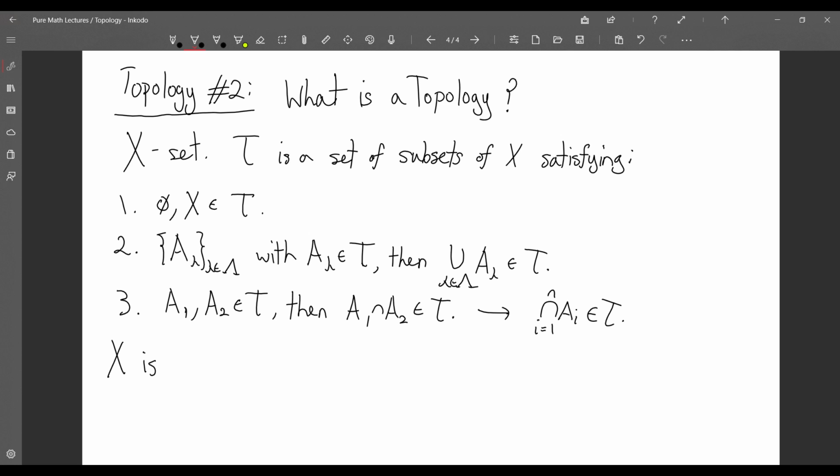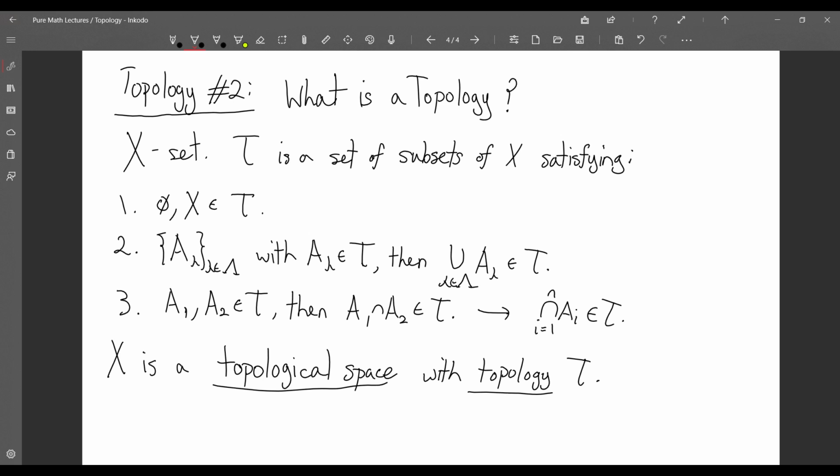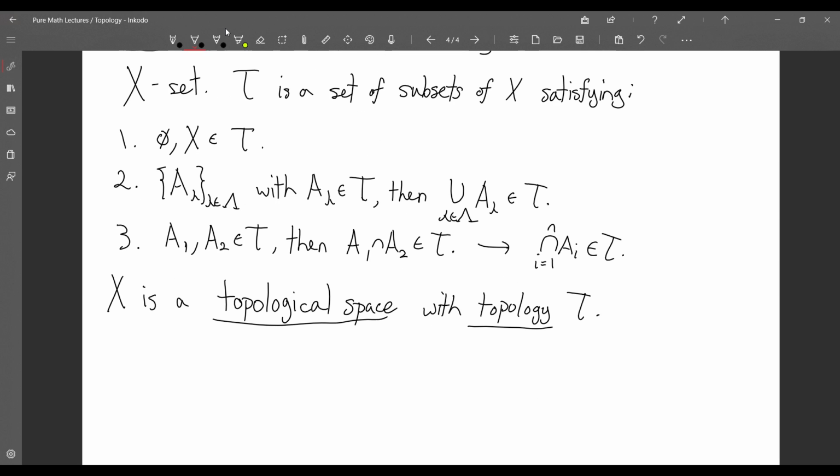X is a topological space with topology T. And we are going to call the elements of T, these subsets of X which satisfy these properties, the elements of the topology are going to be called open sets.